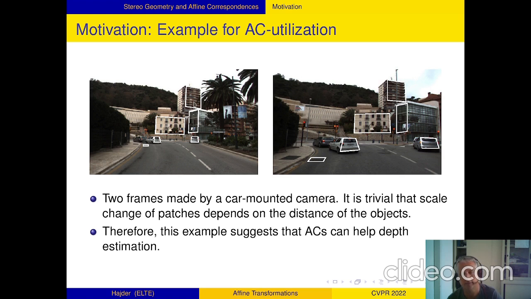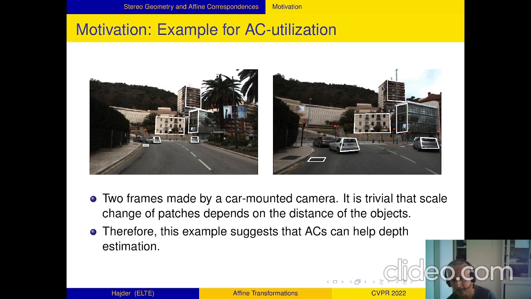You see that the magnitude of these regions is different in the right image, of course, but the magnitude difference is larger for the back sides of the cars, because I think this area is 3 or 4 times larger than in the left example, while for the walls of the buildings the difference is not so significant.